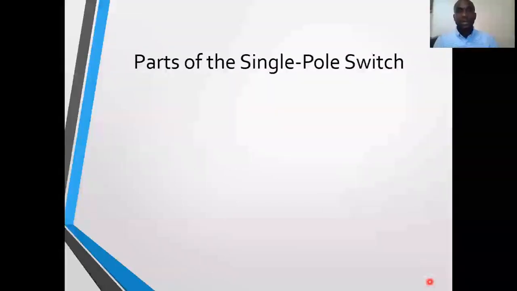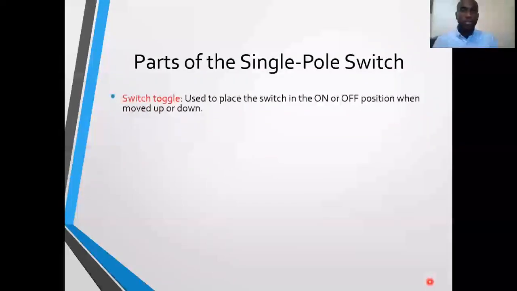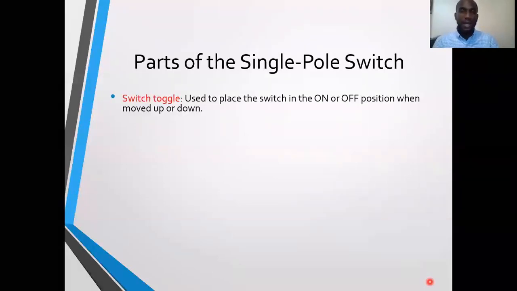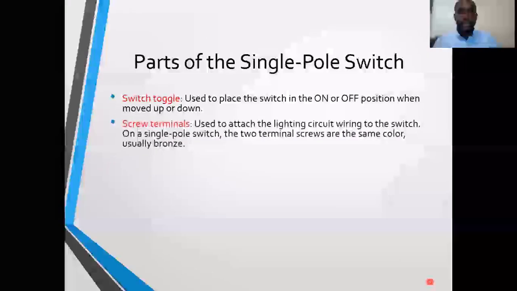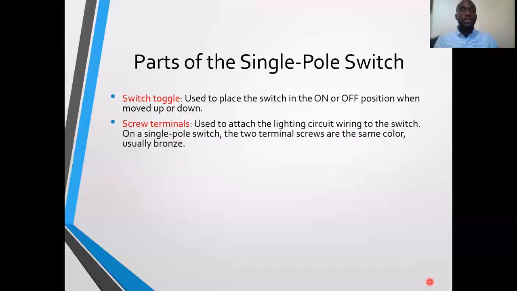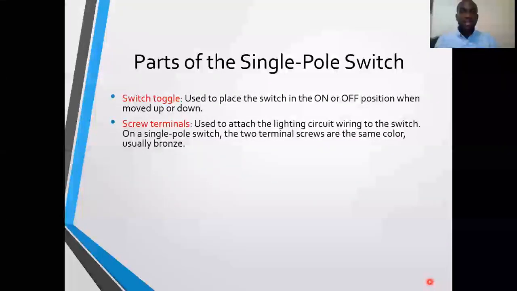Now let's think about the parts of the single pole switch. The switch toggle, as you will see on the next slide, is used to place the switch in an on or off position when it is moved up or down. Screw terminals. Screw terminals are used to attach the lighting circuit wiring to the switch.